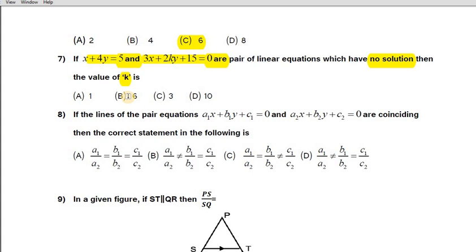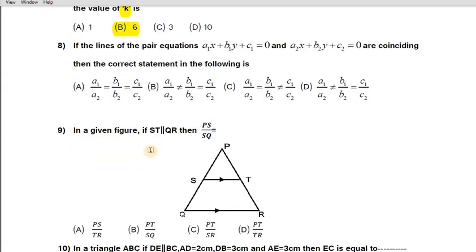If they don't have any solution, hence these must be parallel lines. Hence the condition is the ratio a1 by a2 is equals to b1 by b2, which is not equals to c1 by c2. You have to use that concept and find the k value. Here we get the k value is 6. B equals to 6. Next, let us see another question.